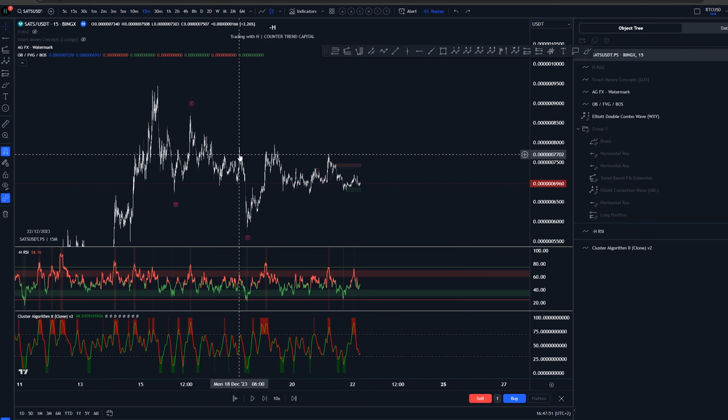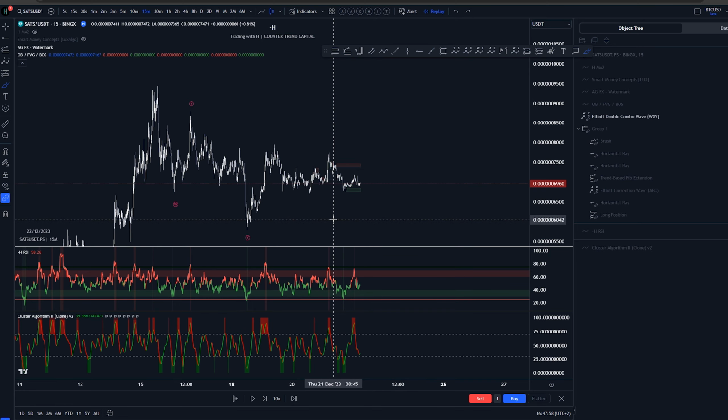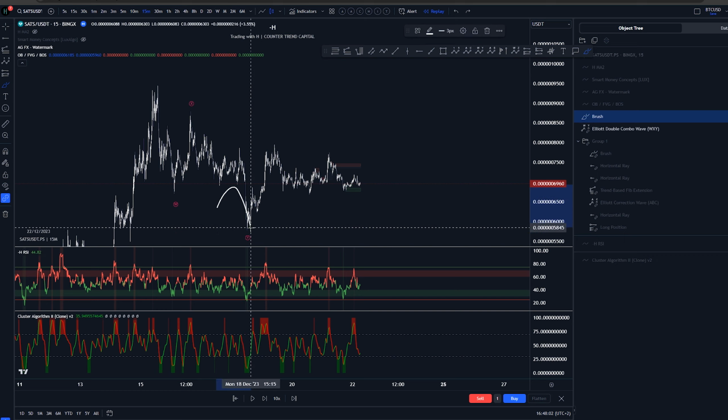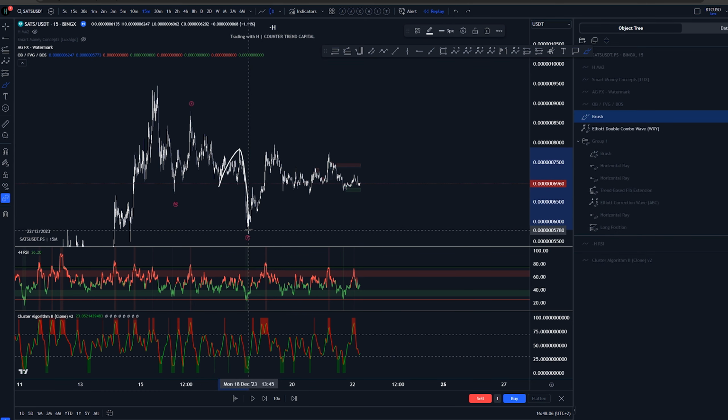I think this is more likely to be the start of something new rather than a continuation of something previous, as there is nothing here as a potential ABC in my opinion. I don't see it as a very decent looking structure.